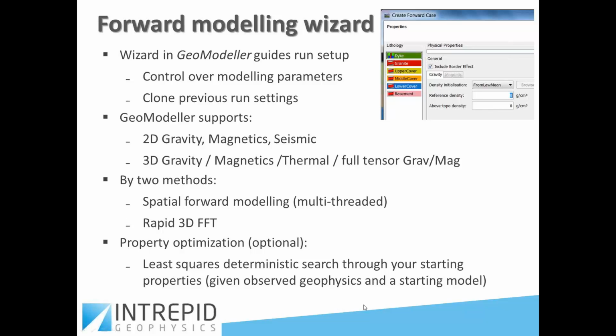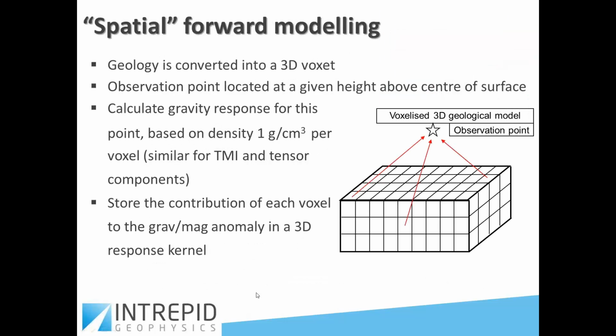So you need to have a starting observation or some starting properties, and then allow the model to run the property optimization, which is a least squares deterministic search through your starting property list, given that you already have observed geophysics grids and a starting geology model. So this is a really good way to commence to improve your forward models.